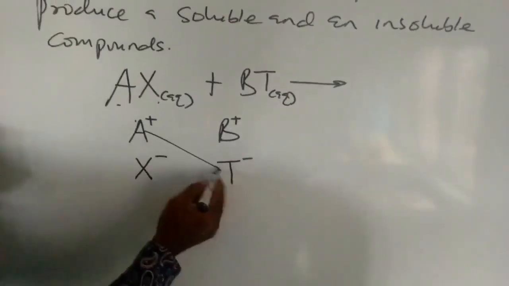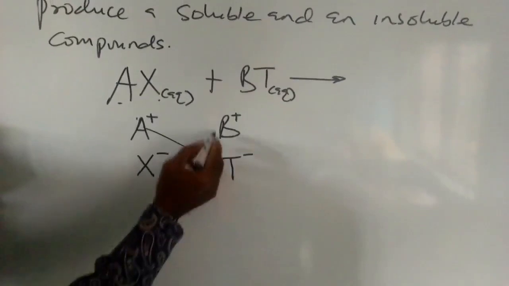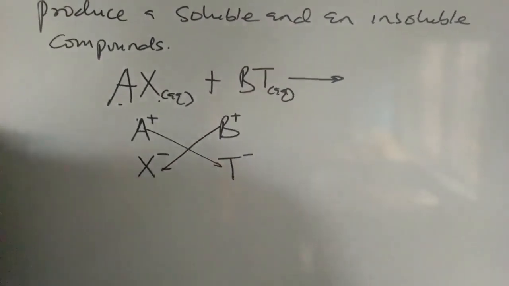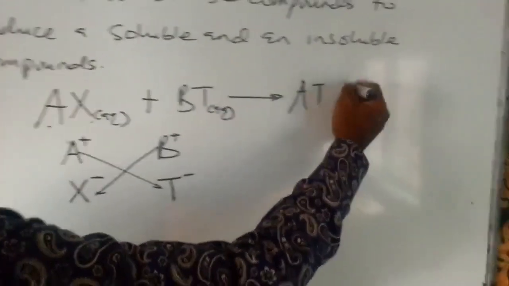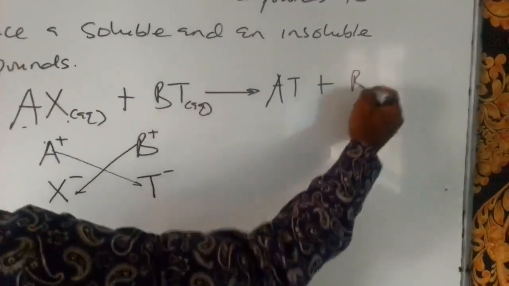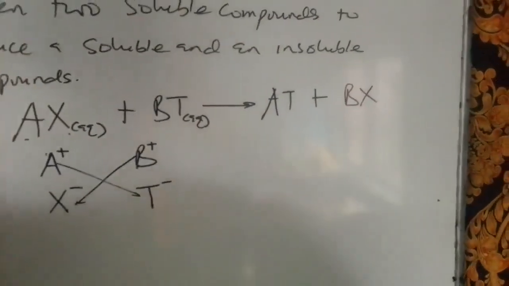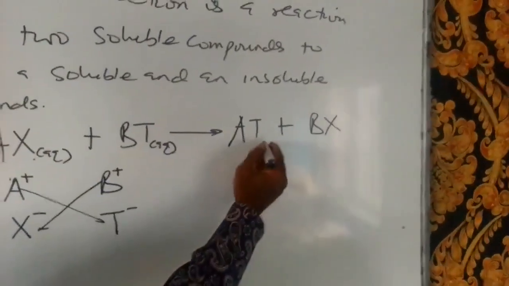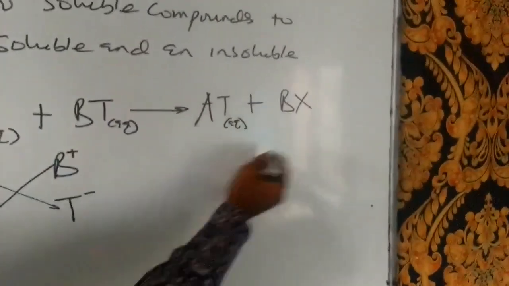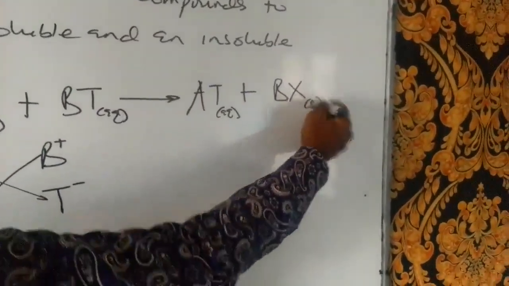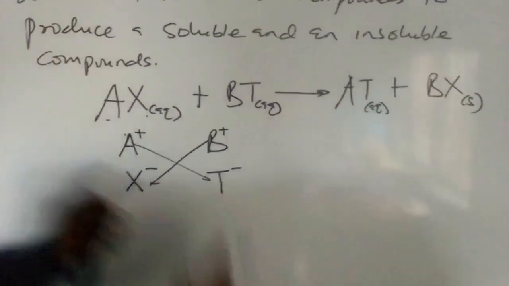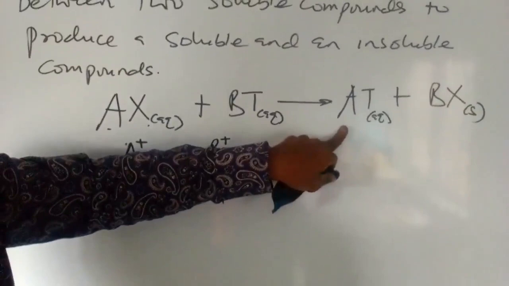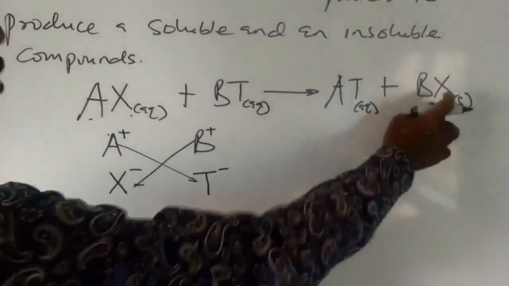Exchanging unlike terms, A goes to T, whereas B goes to S. We now produce AT and then BS. Out of these two products formed, one of them is aqueous, while the other one is going to be solid. So two soluble compounds giving us one soluble and one insoluble.